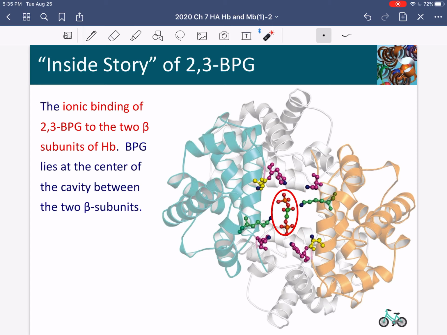And that is what actually stabilizes the BPG. This stabilizes the T state. So BPG is helping to stabilize the deoxy state of hemoglobin, again helping to shift that transition from oxy to deoxy right where it's needed at the tissue capillary interface, making that release of oxygen much more cooperative and sigmoidal in the shape of that binding curve.